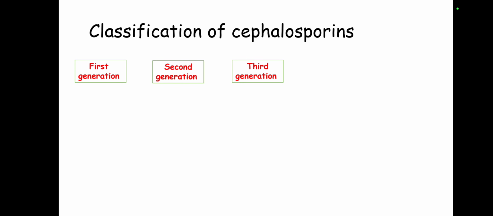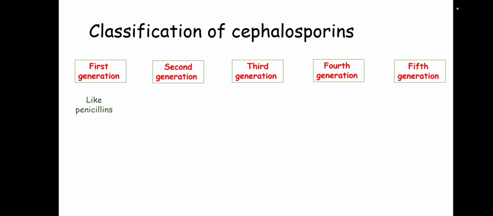Next we shall check out the classification of cephalosporins. These cephalosporins are mainly divided into 5 generations. They are the 1st generation, 2nd generation, 3rd generation, 4th generation and 5th generation. And this classification of the generation is mainly based on their spectrum of activity. Now you can grossly remember, 1st generation cephalosporins are just like penicillin.